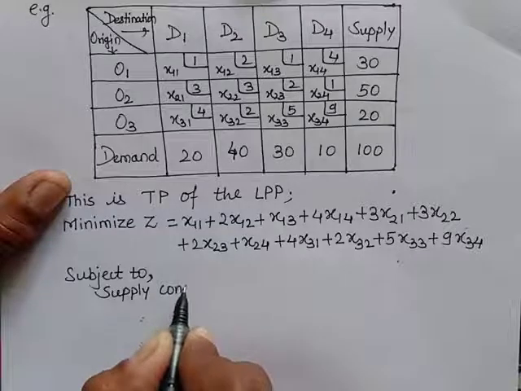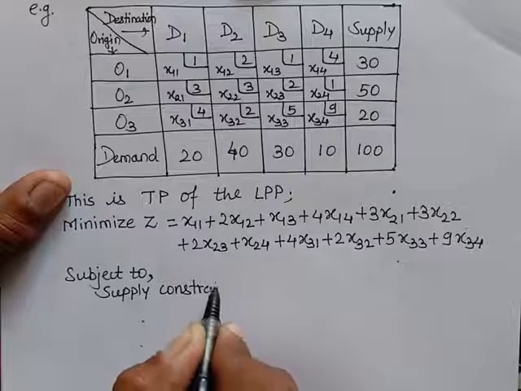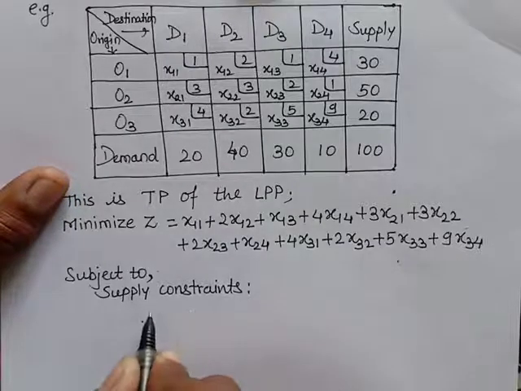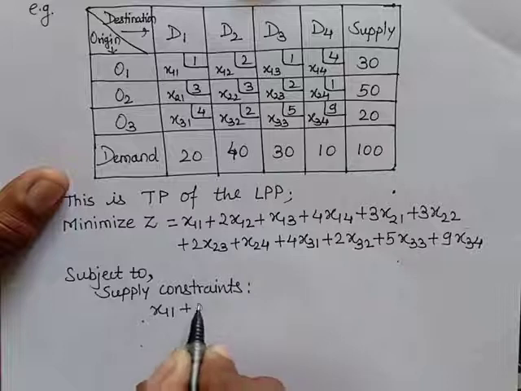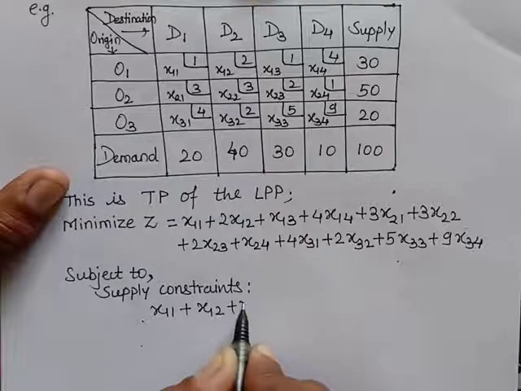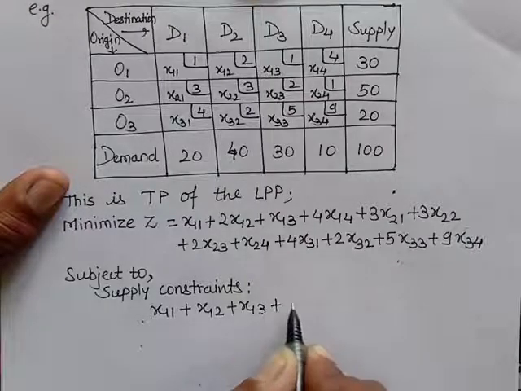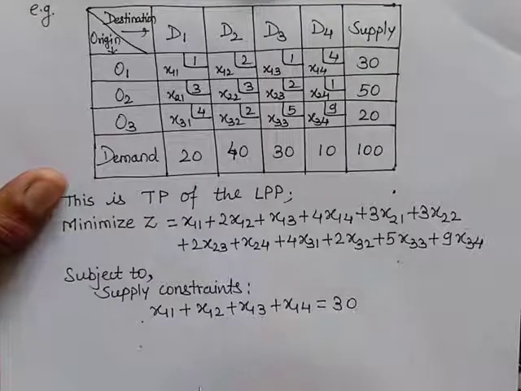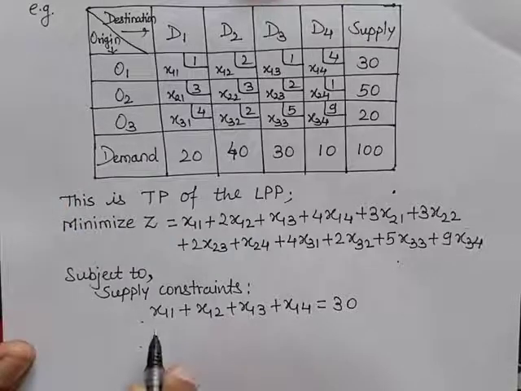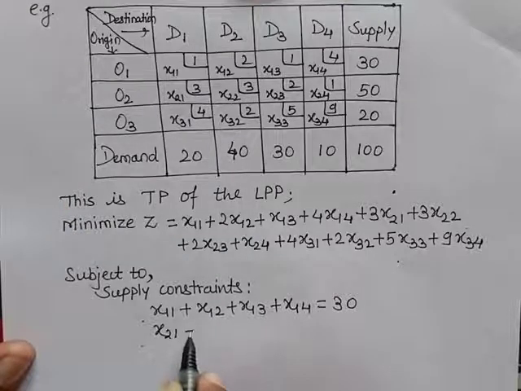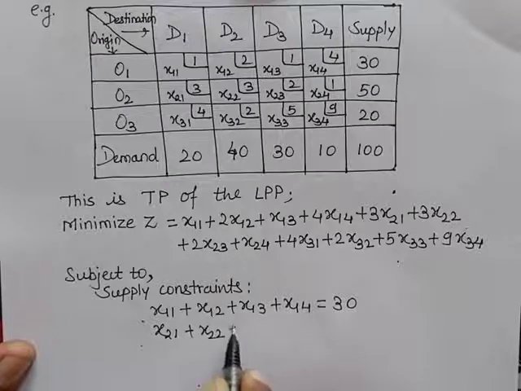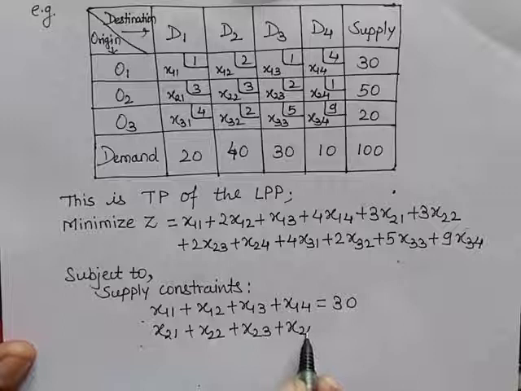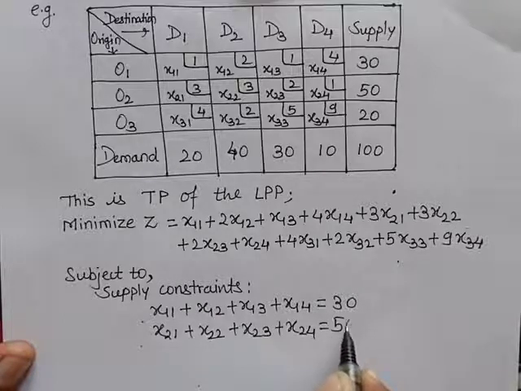Supply constraints are what? x11 plus x12 plus x13 plus x14, and here equality constraints, equal to how much? 30. Again x21 plus x22 plus x23 plus x24 is equal to what? 50.